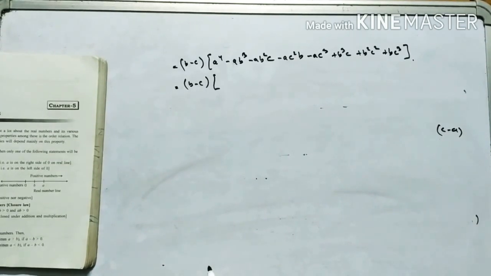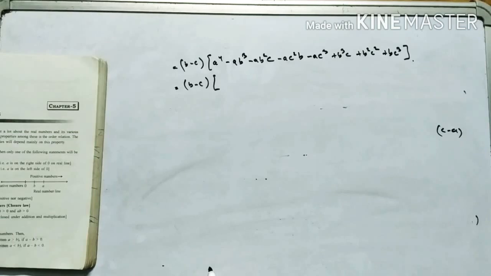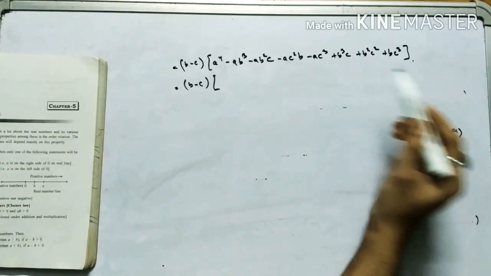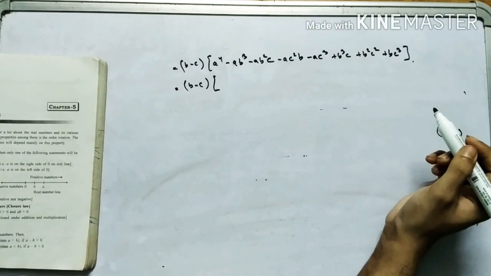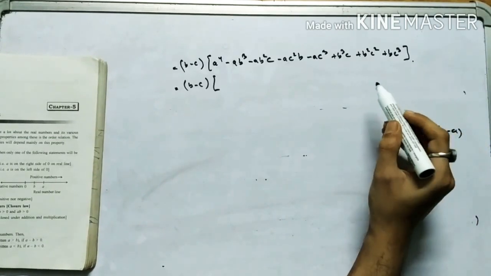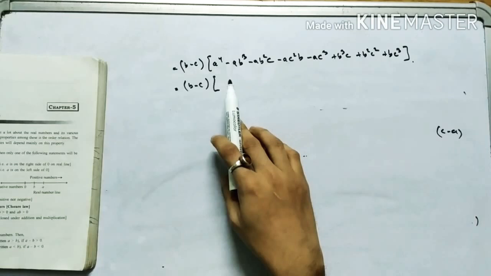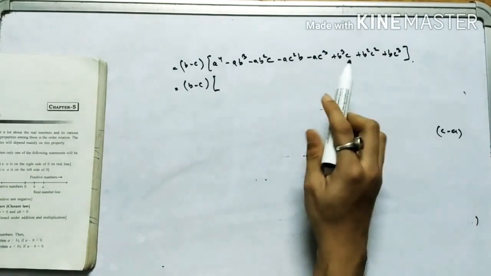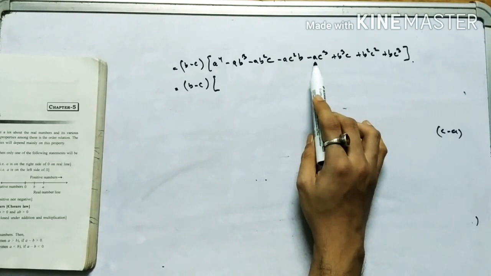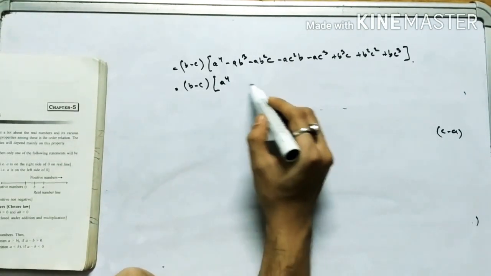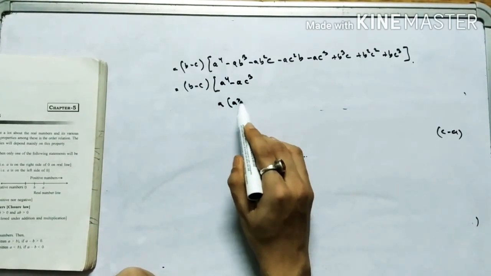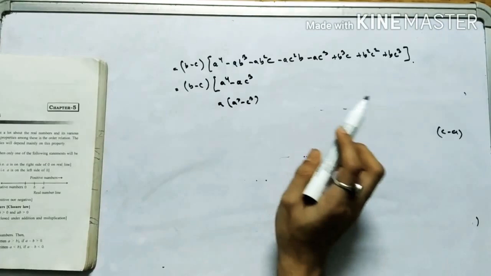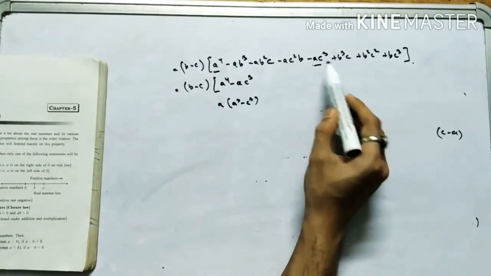So in here what I will do, c minus a I will have to take out. This one a there. So I can write a to the power 4 minus ac cube. From here I can take a common, so a cube minus c cube I will get. Okay, so this and this together I can write.